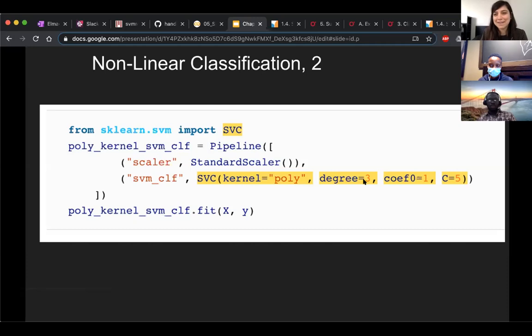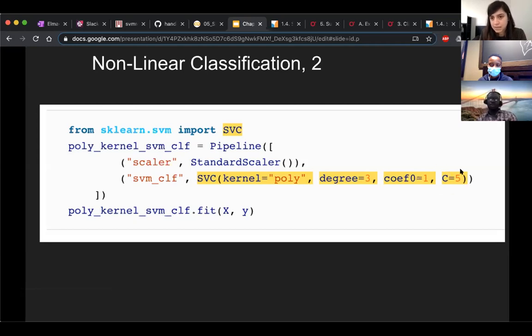I'm not even sure if polynomiality is a noun or not, but anyway. On this one, because this is kernel based, we don't need to use a loss function.